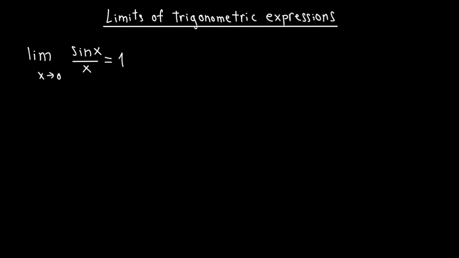This limit is very important because when we have trigonometric expressions and want to determine their limits, we can use it to get rid of the trigonometric expressions to further simplify our problem and hence evaluate limits.